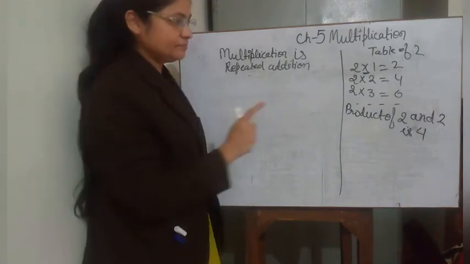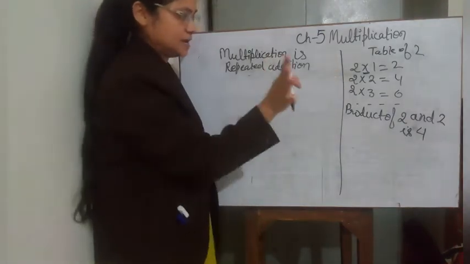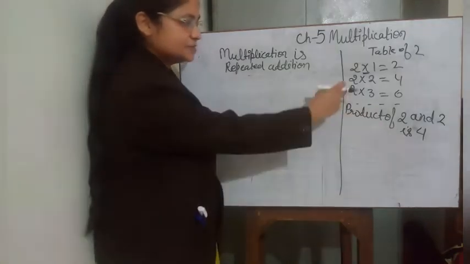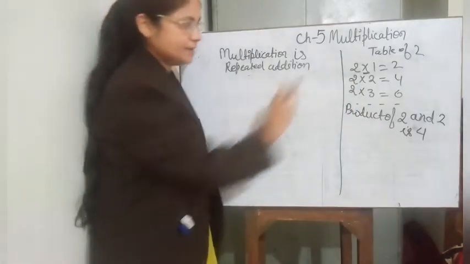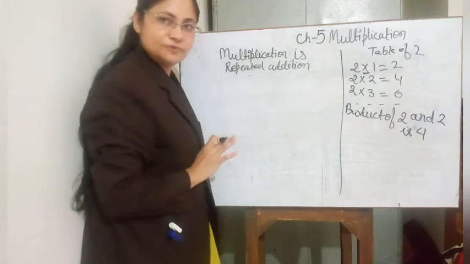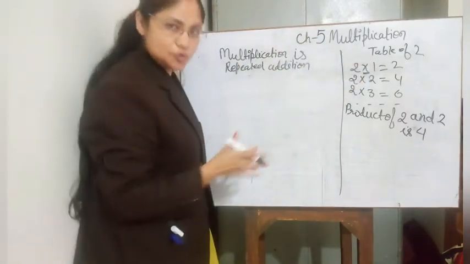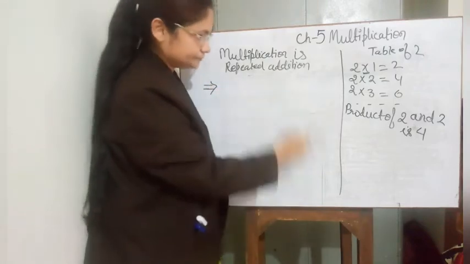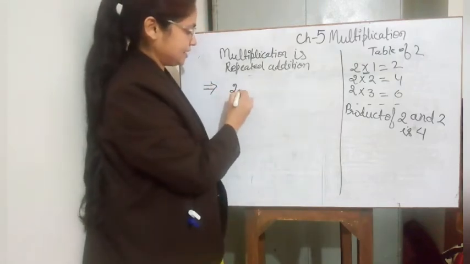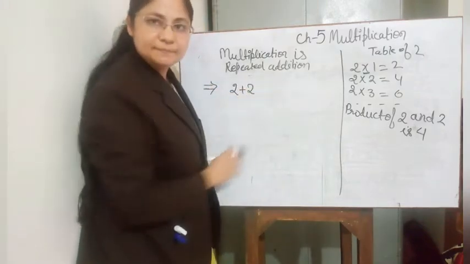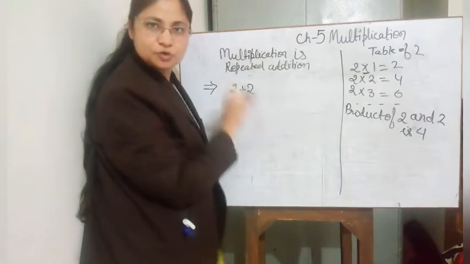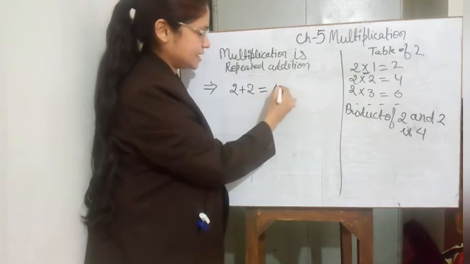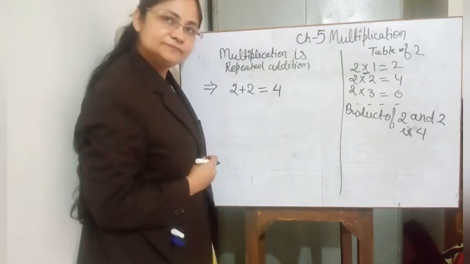Let us take again the table of 2. It is 2 3s are 6, or it is 2 2s are 4, or 2 1s are 2. I can write, if I am adding 2 two times, 2 and 2, we are getting 4.